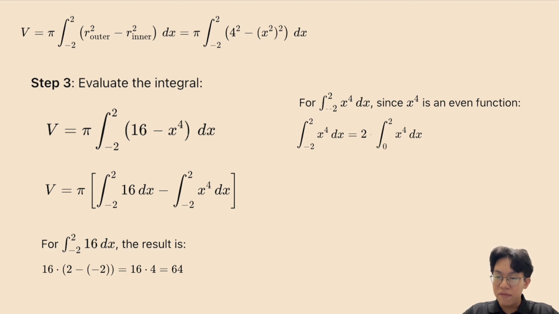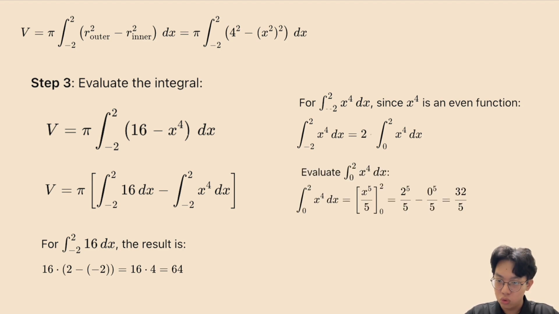And for the definite integral of x to the power 4 from minus 2 to 2, since x to the power 4 is an even function, we can integrate over the interval 0 to 2, which gives 32 over 5, and then we double the result, so the definite integral of x to the power 4 from minus 2 to 2 equals 2 times 32 over 5, which gives 64 over 5.